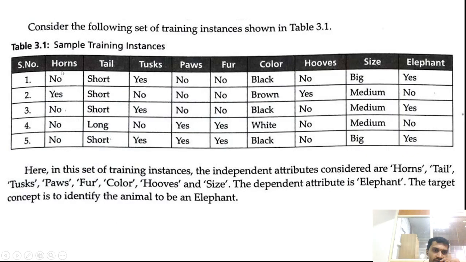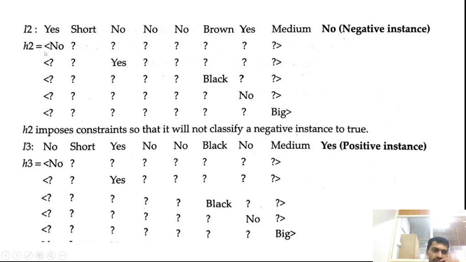If I go for horns, horns should be no; if yes is written, then it is a negative instance, so I have to define it with no. In color also it should be black, not brown. And again it is medium, so if I define it, the question mark should be big, not medium. Elephant should be big.